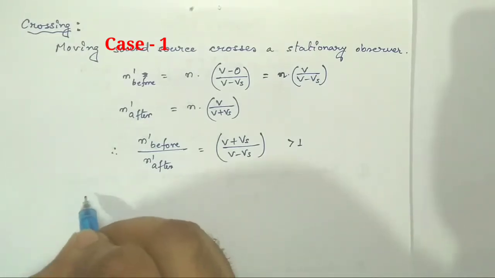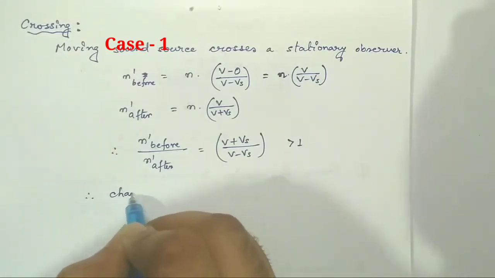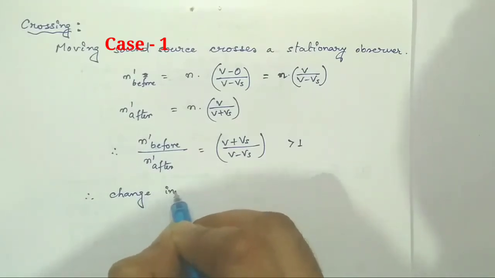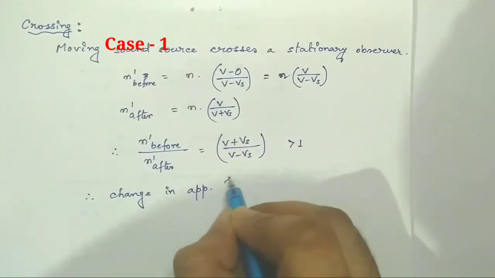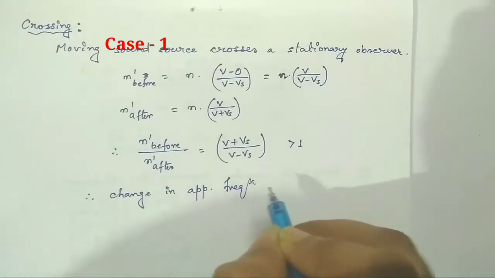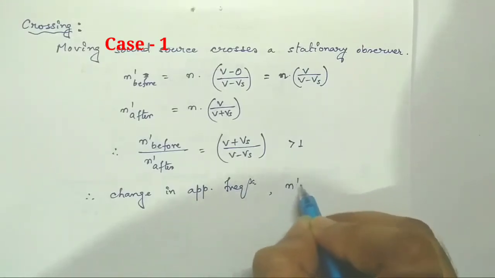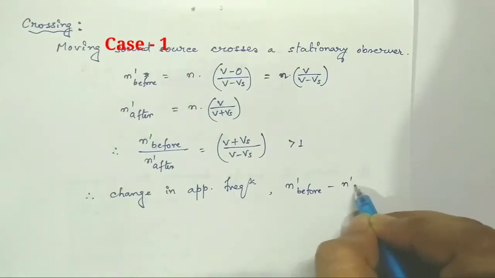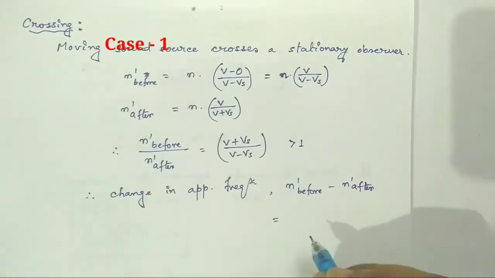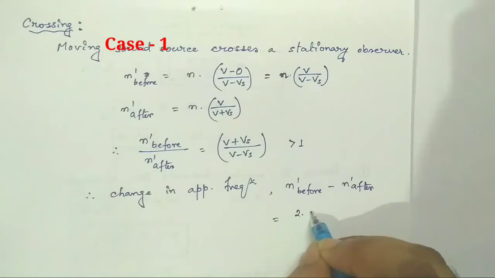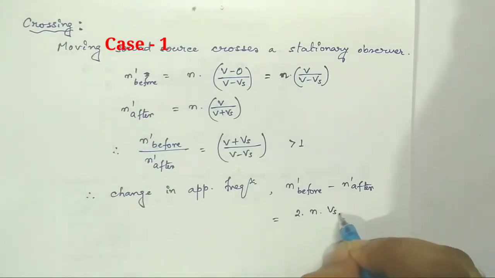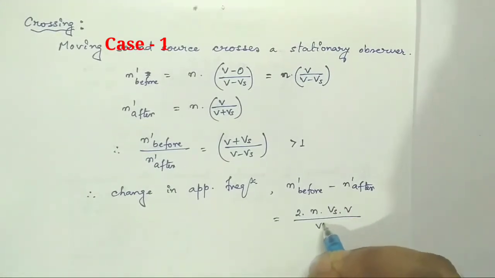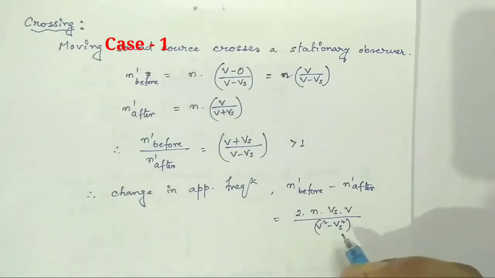Therefore, the change in apparent frequency is given by n prime before minus n prime after. This gives 2 into n into Vs into V divided by (V square minus Vs square).